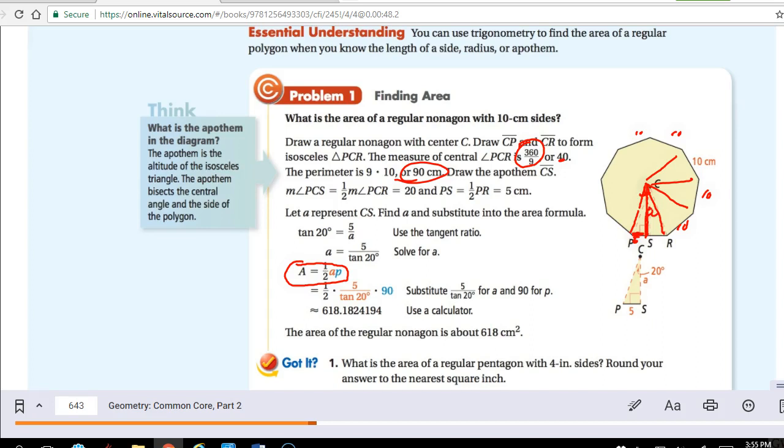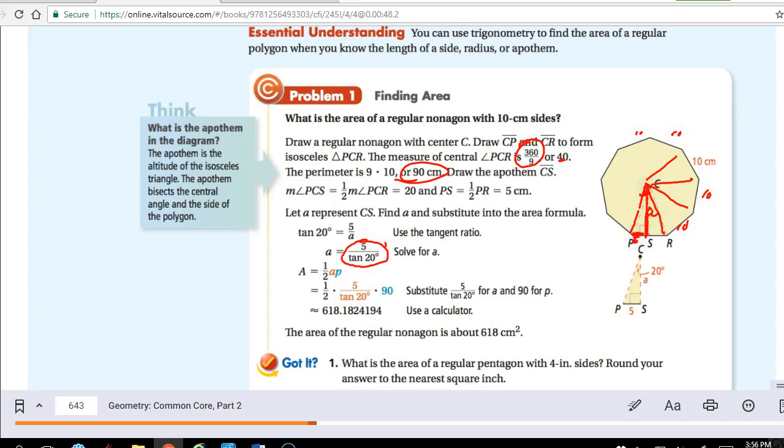But I can use this right here, which is the tangent of 20, because I know the opposite is 5, and the adjacent is A. So this is the opposite, and this is the adjacent, okay? And so when I set that up, that's how we can find that A. If I solve for that, it is just 5 divided by the tangent of 20.